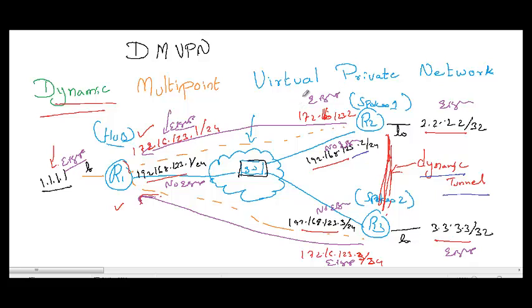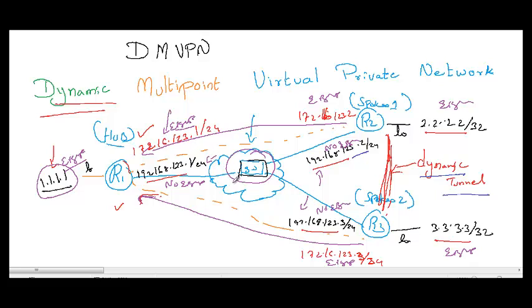So now you can see here that though this physical interface doesn't have EIGRP, still these networks will be advertised. The loopbacks will be advertised to the other routers via the tunnel. That's the proof the tunnel is working. In case I have a router here, these networks will be different.